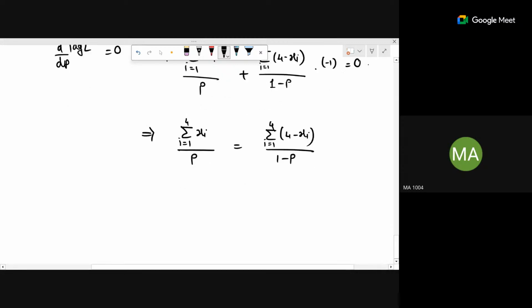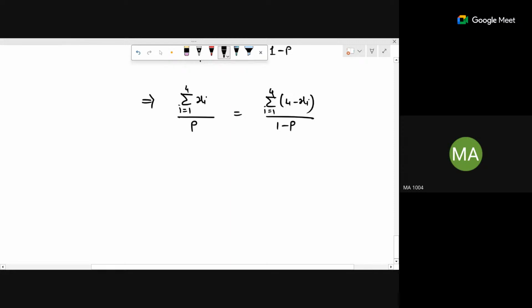Now to find the value of p, just cross multiply. This will be 1 minus p times summation of xi, which is equal to p times summation of 4 minus xi, where i is ranging from 1 to 4.